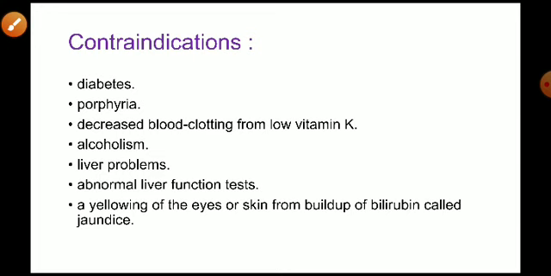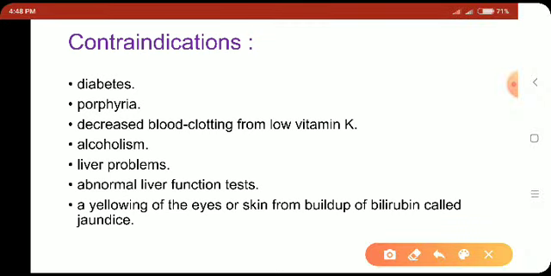Then contraindications of this drug. The patient who is suffering from diabetes, in that patient rifampicin is contraindicated. Then porphyria, in that patient this drug is contraindicated, and porphyria means over accumulation of porphyrin.